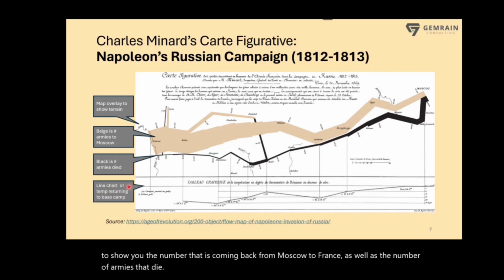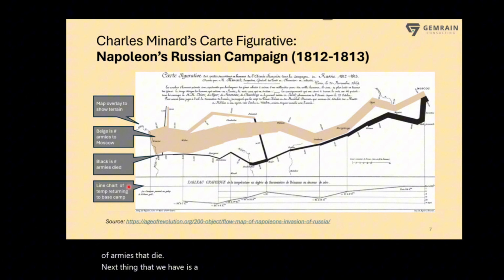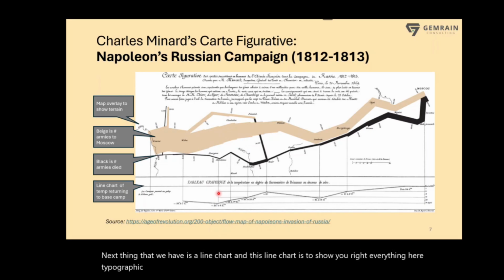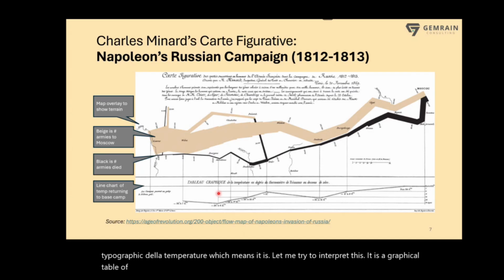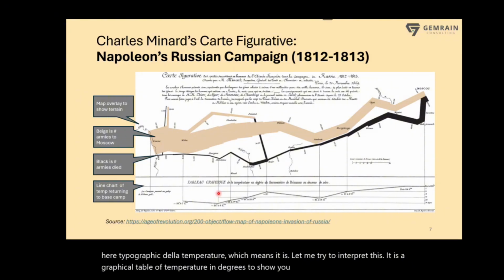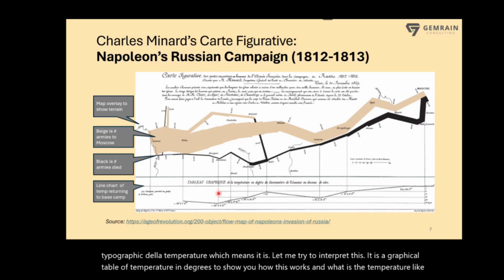Next we have a line chart, and this line chart shows everything here, tableau graphique de la température, which means, let me try to interpret this, a graphical table of temperature in degrees, to show what the temperature was like on their retreat.